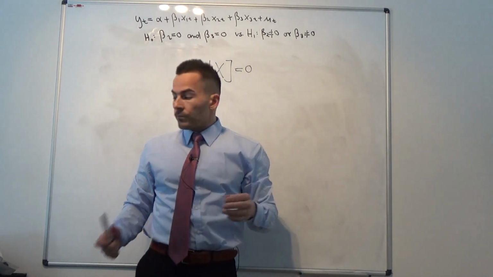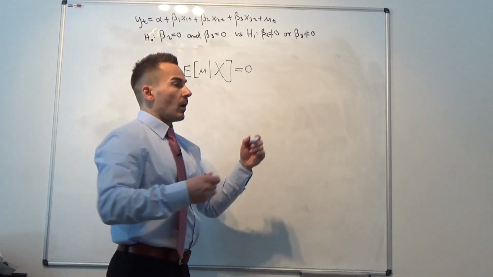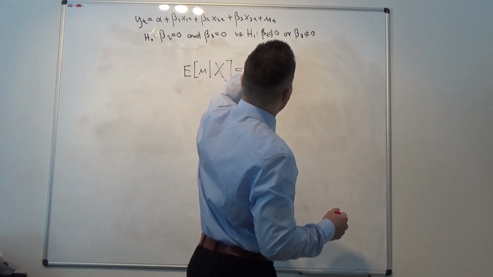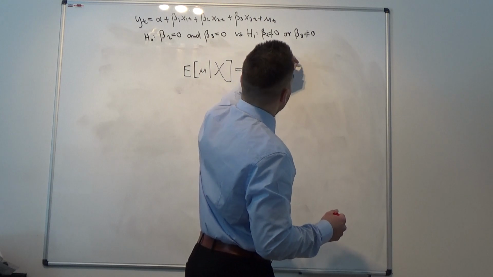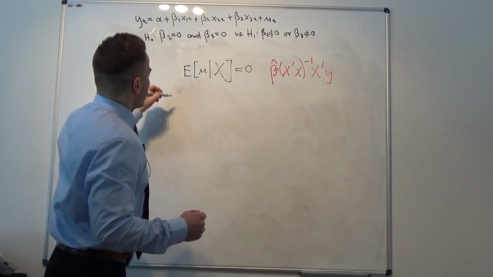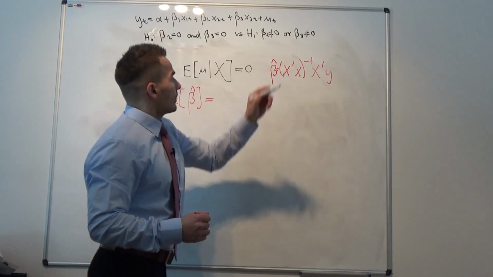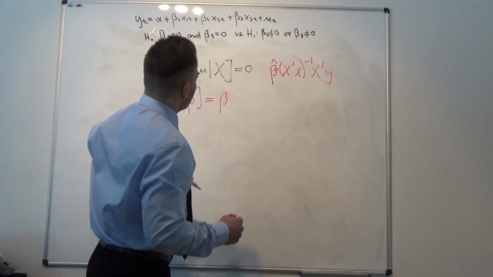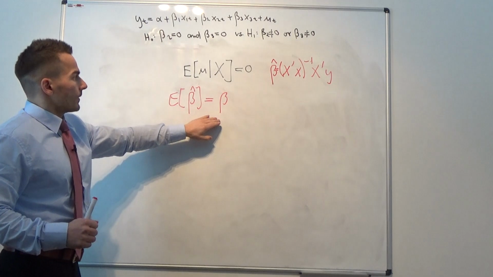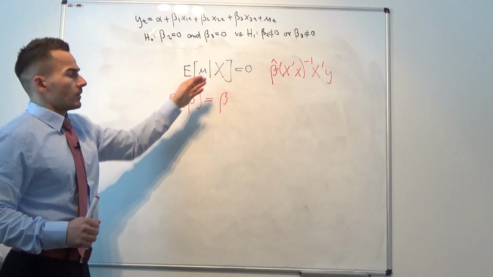Moreover, what we know from our previous lectures is that according to our OLS estimator, beta hat is given by x transposed x inverted, x transposed y. If we take the expectation of beta hat, given this formula, it is beta, which means that our point estimator is unbiased, given that our residual vector and our regressor matrix are uncorrelated.